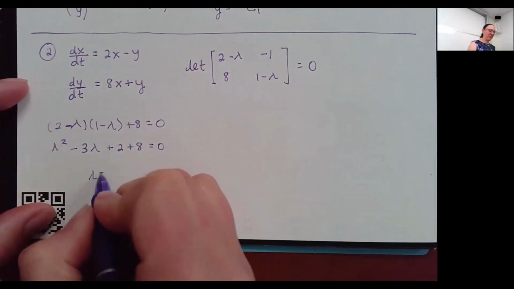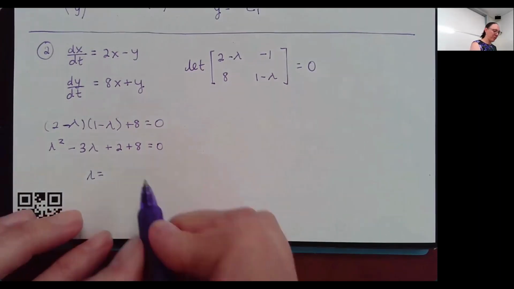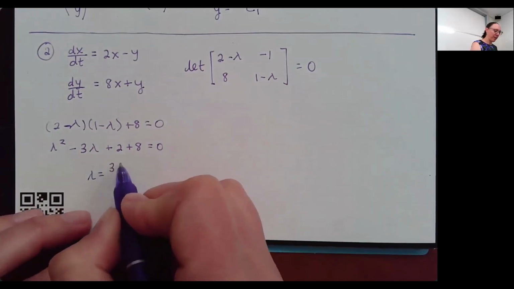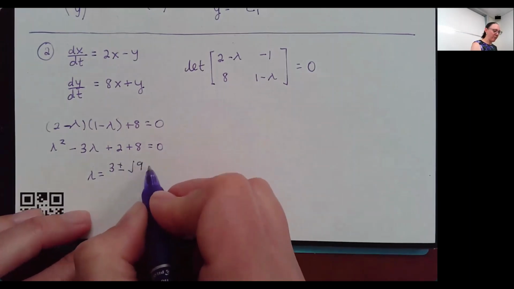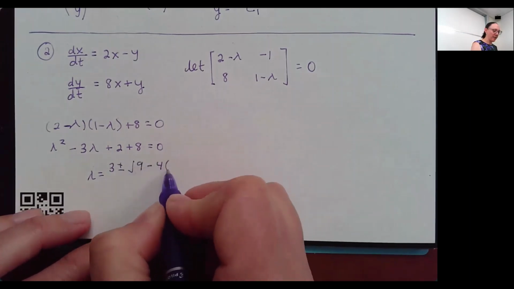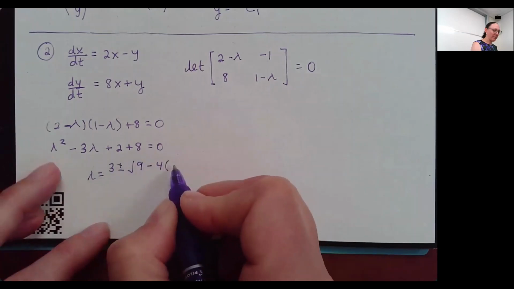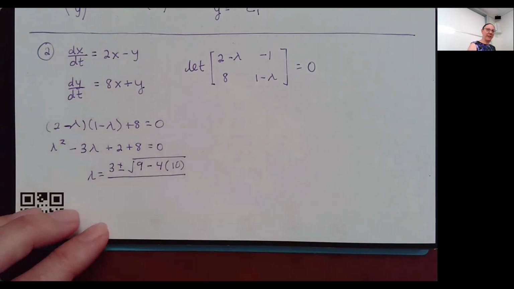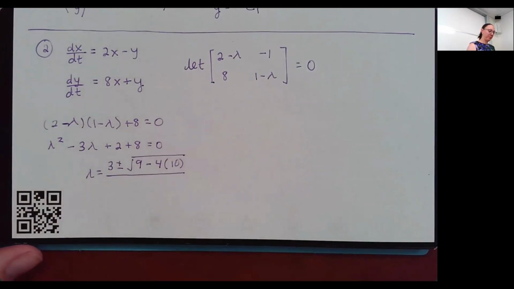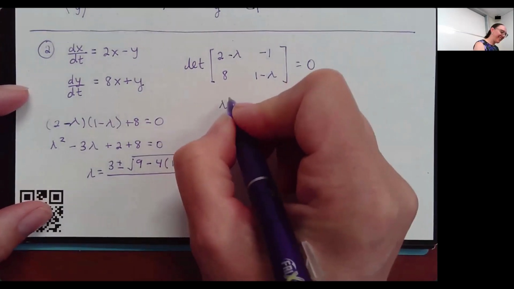So that means that my lambda is going to be equal to 3 plus or minus the square root of 9 minus 4 times 1 times 10. Does it factor? I think it's not going to, because I would get a negative inside the square root.